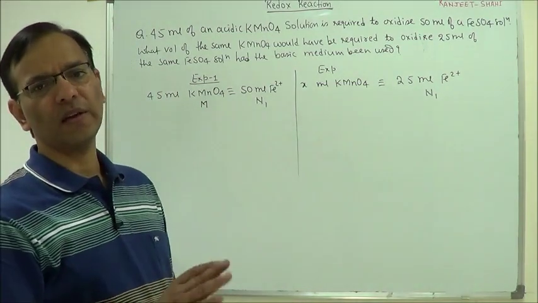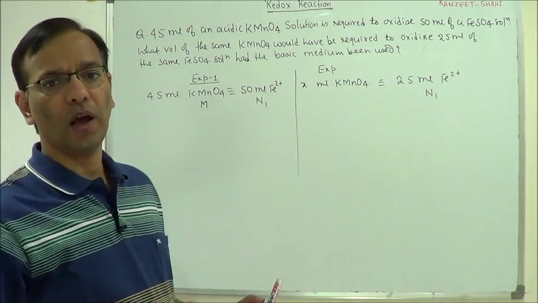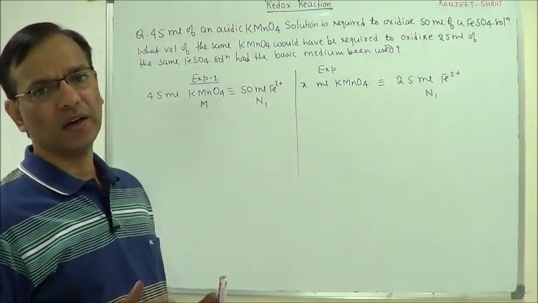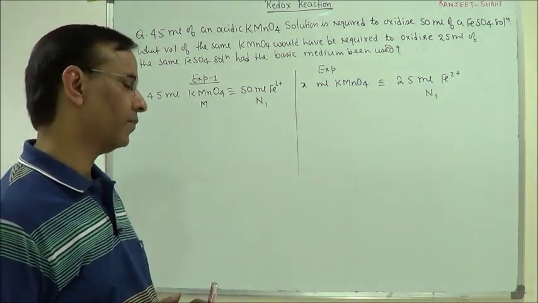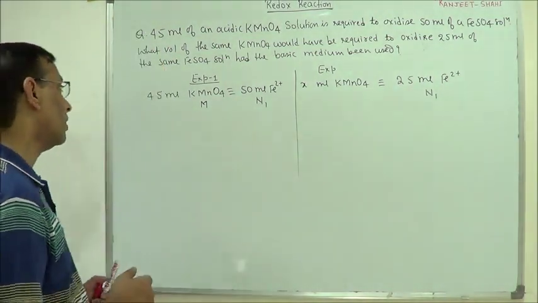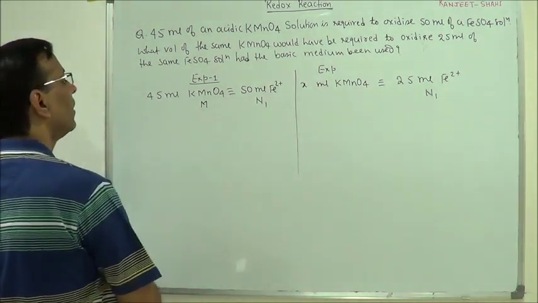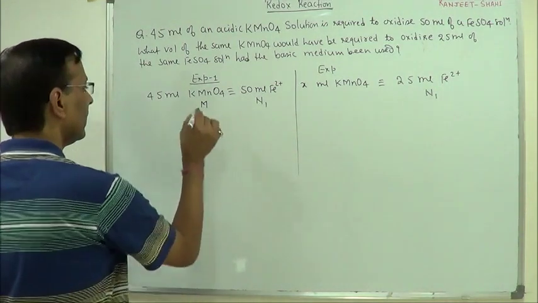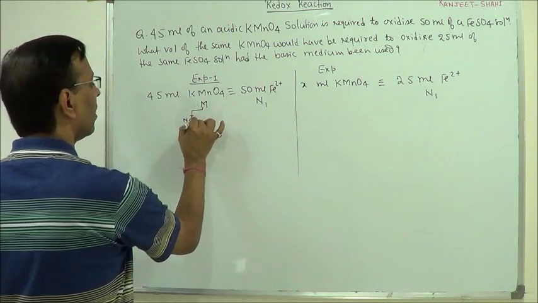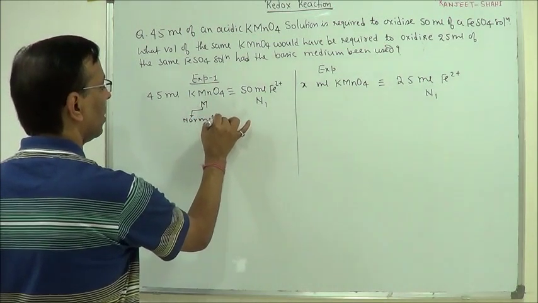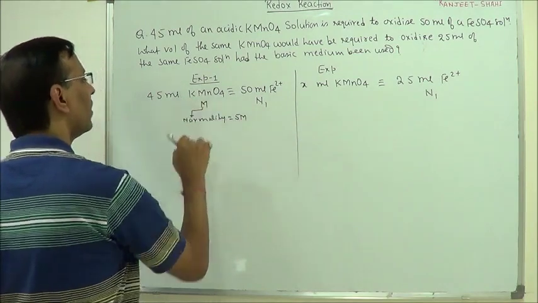Normality will change as it depends on N factor, and N factor depends on medium in some cases. So now if M is the molarity, normality will be 5 times M. N factor is 5.